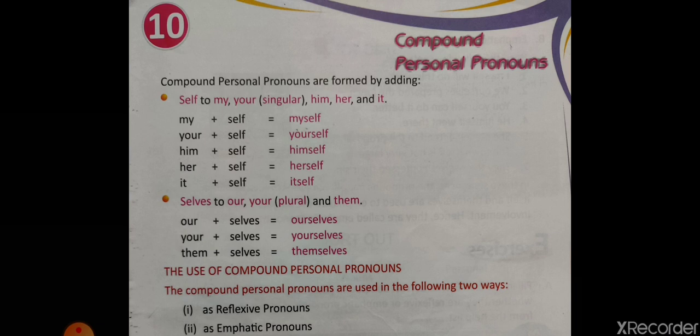Second person is when two people are standing together and I am talking to the other person, so that is you. And third person is when two people are standing together and they are talking about a third person, so it includes he, she, they.